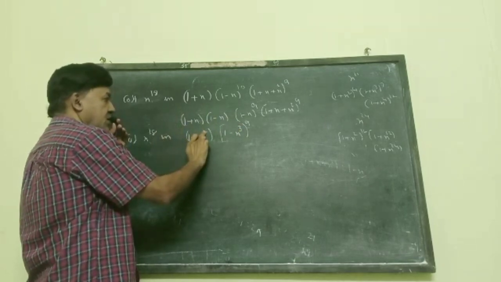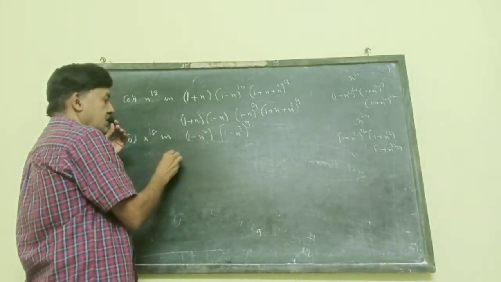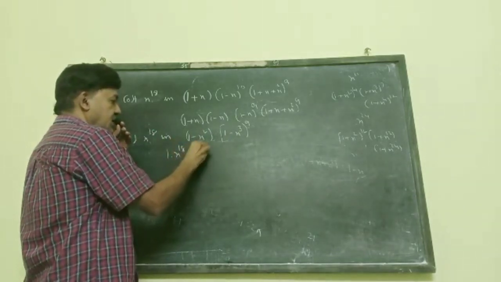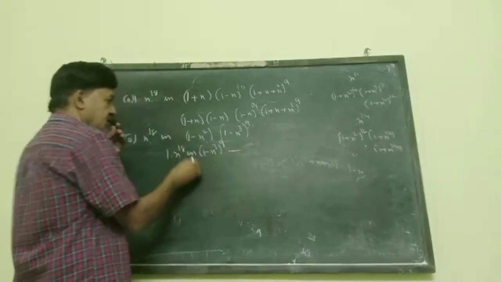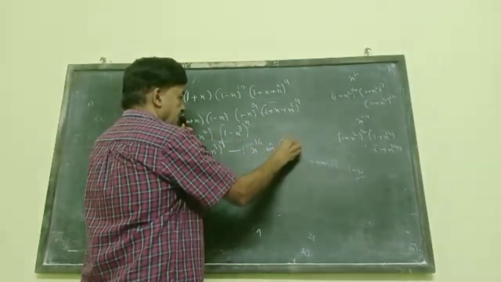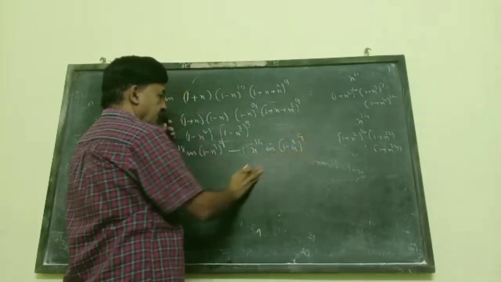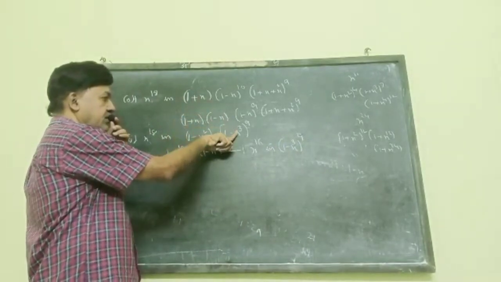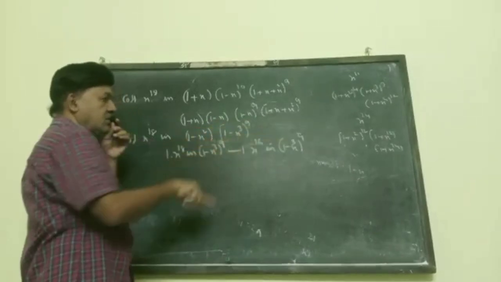So x^2 into x^16 will make x^18. So I will put: 1 into x^18 in (1 - x^3)^9, minus 1 into x^16 in (1 - x^3)^9. That is, 1 into the x^18 coefficient in this, minus 1 into the x^16 coefficient in this.